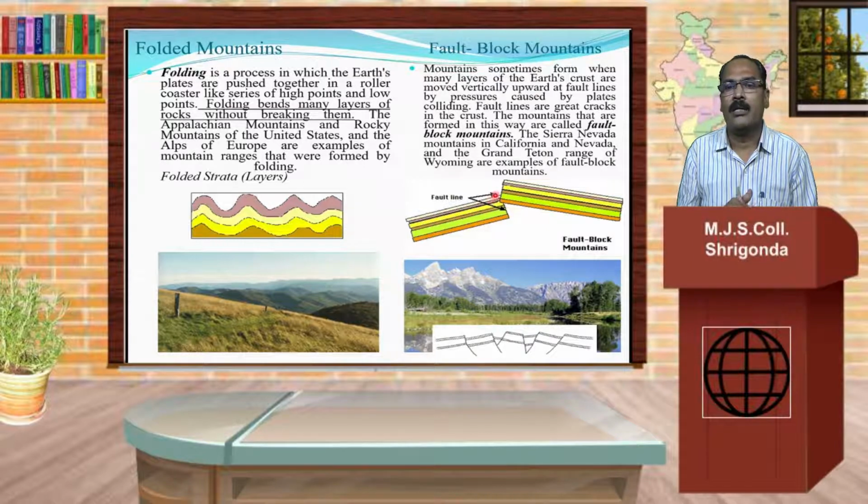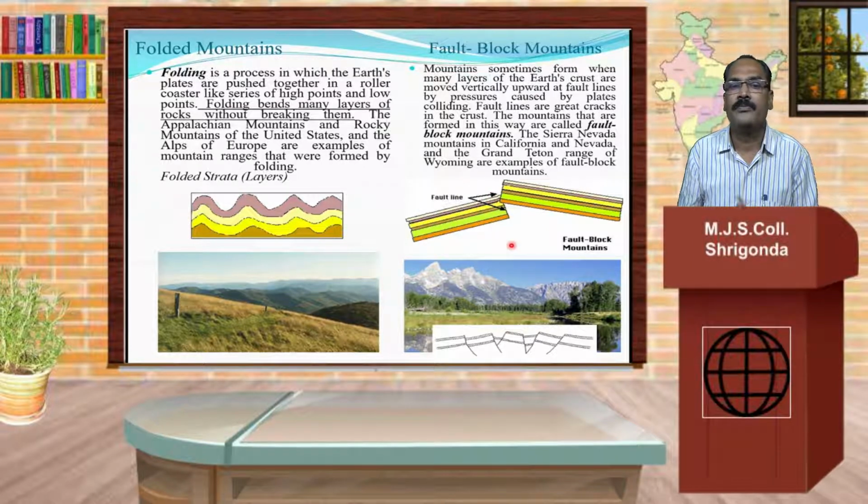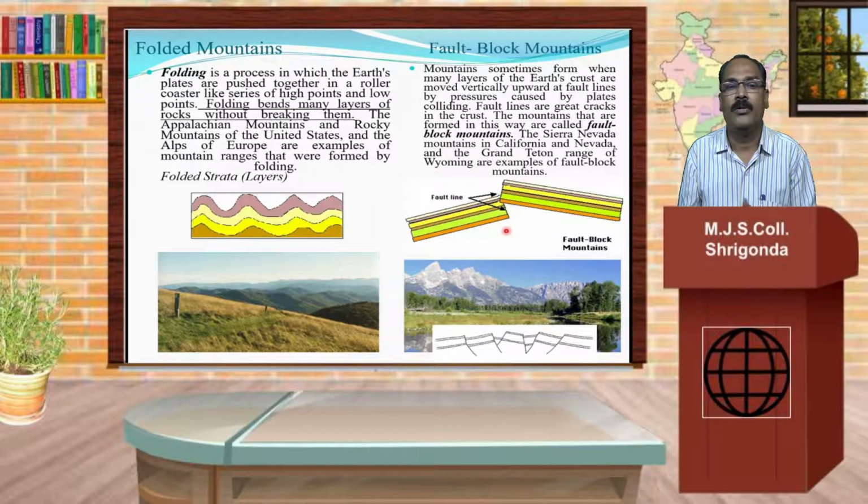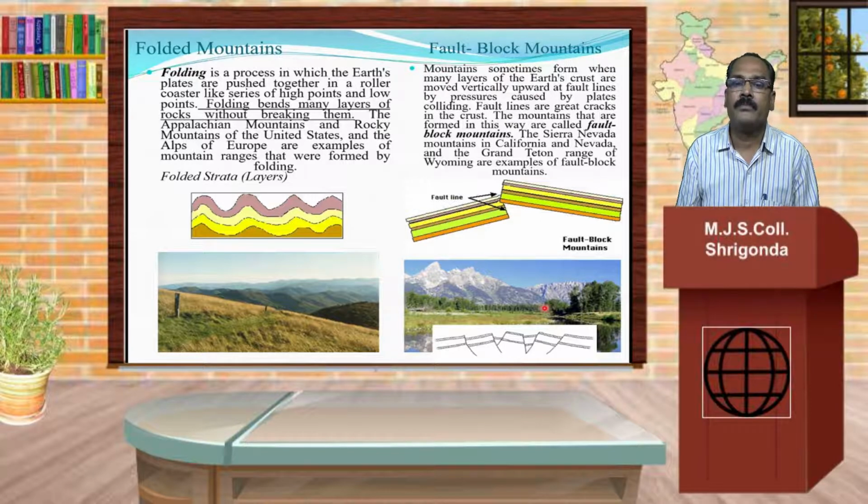Fault lines are great cracks in the crust. The mountains formed in this way are called fault block mountains. The Sierra Nevada mountains in California and Nevada and the Grand Teton range of Wyoming are examples of fault block mountains.